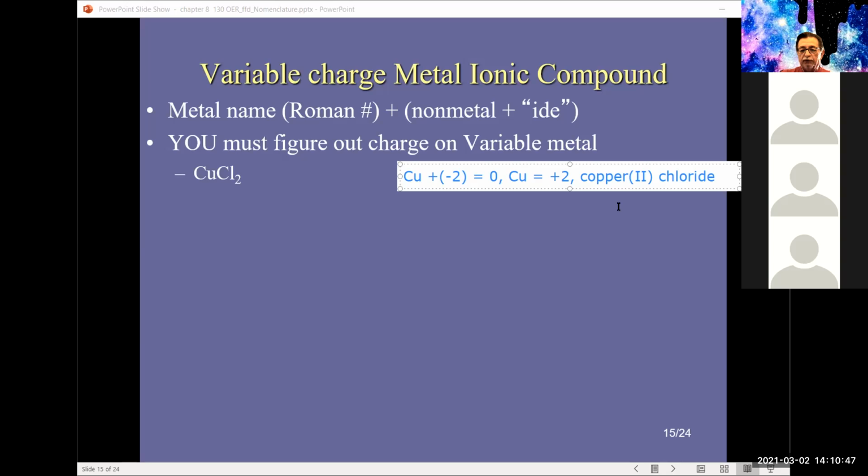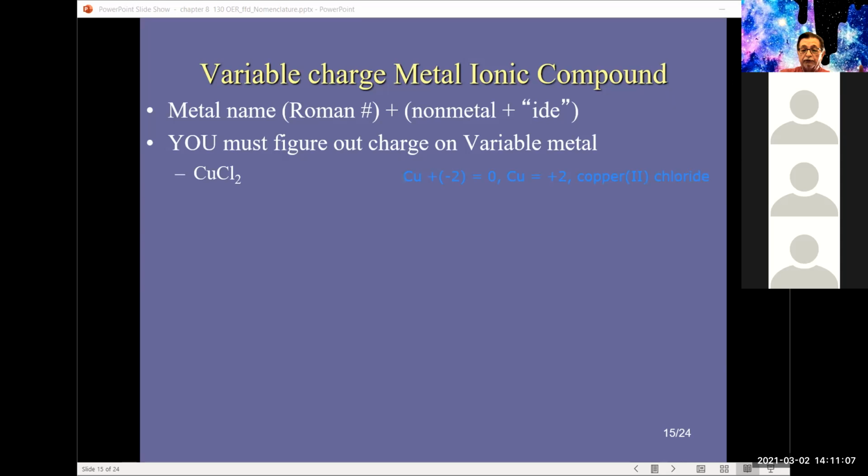So I can say copper plus a -2 equals 0, because the overall charge of the formula I'm given is 0. I can just solve for copper. Solve for copper means that copper must be a +2. Okay, +2 and the -2 equals 0. And therefore, I'm using the copper 2 ion here. That's the copper 2 ion, and that's the name.